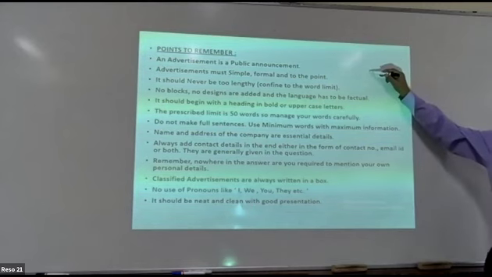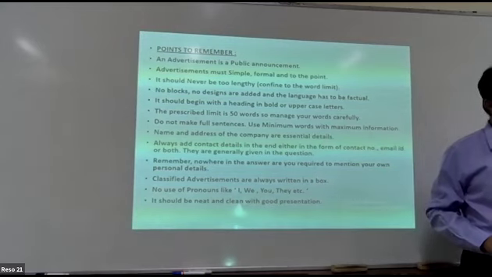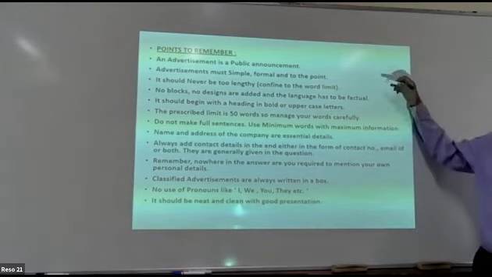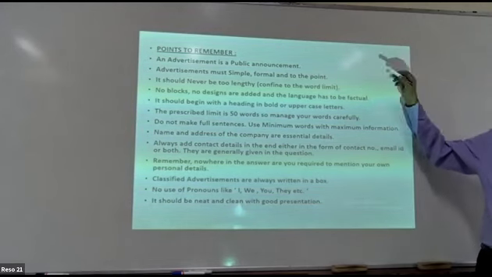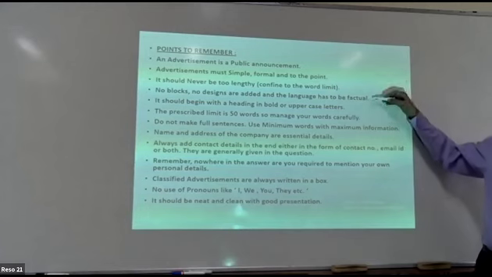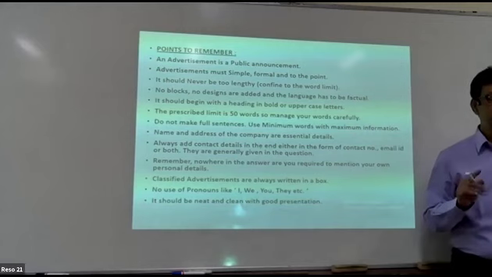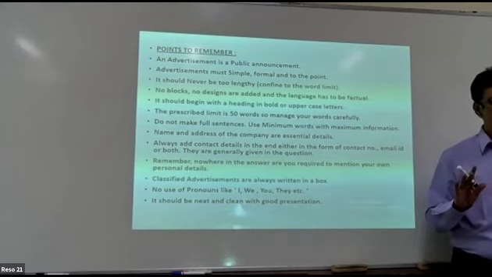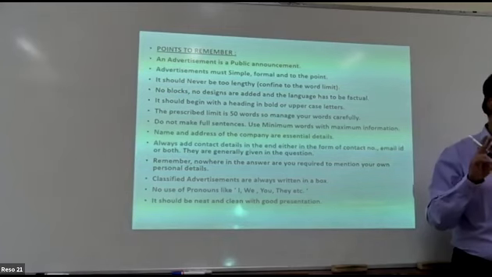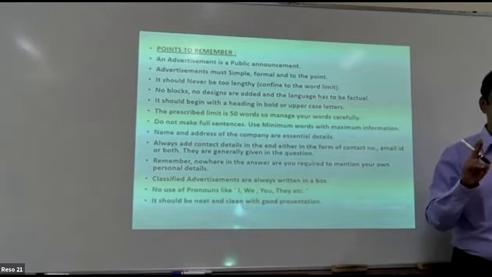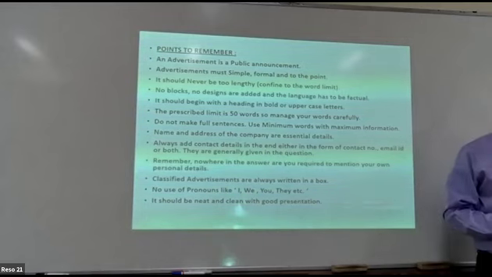Advertisement always must be simple, formal, and to the point. It should be brief and specific. It should never be too lengthy. उसके तरीके क्या हैं? That will follow later. No blocks, no designs are added, and the language has to be very factual. Simple language आपको use करना है, and don't do any drawing design where classified advertisement is concerned. It's not a display advertisement जिसके अंदर आप images, animations you can put up.